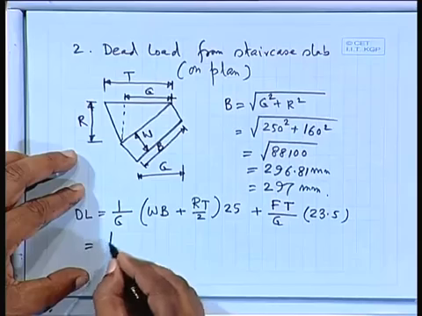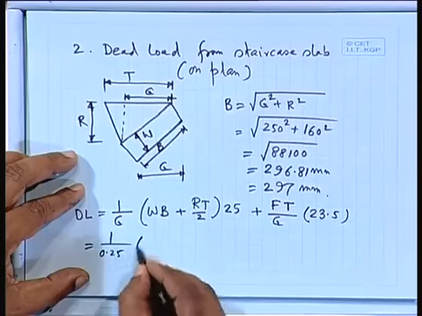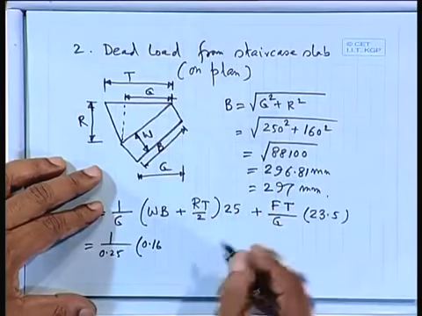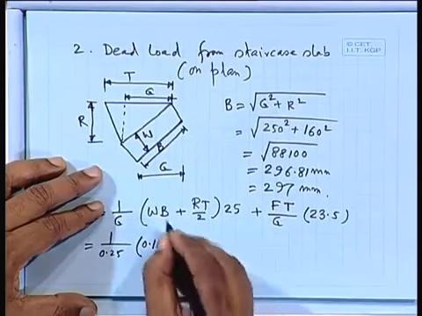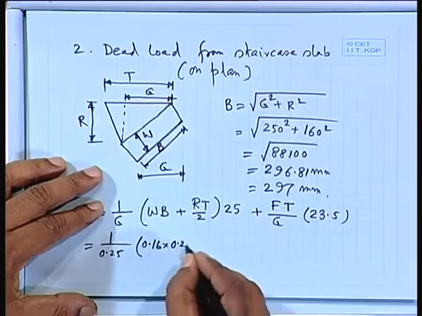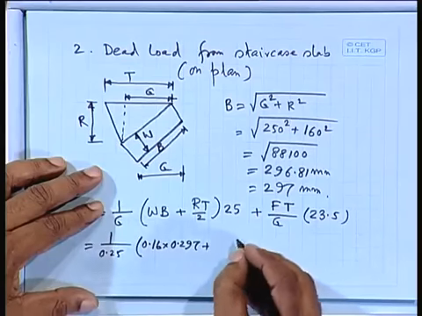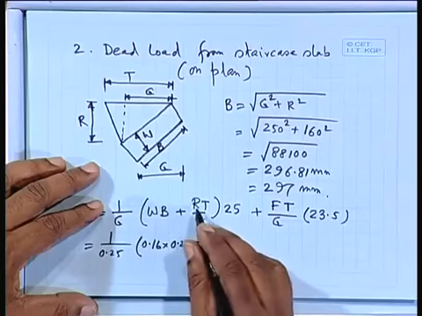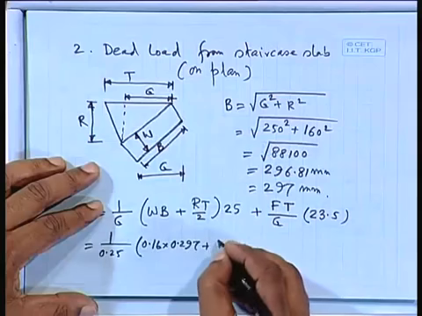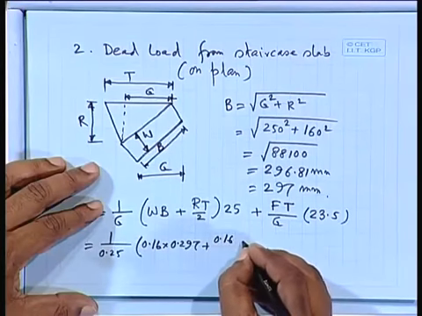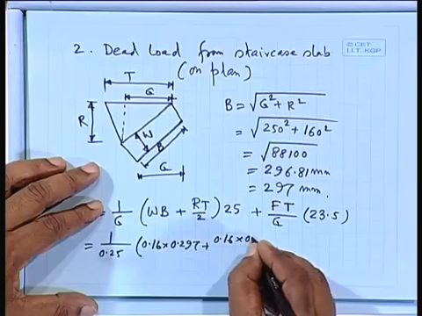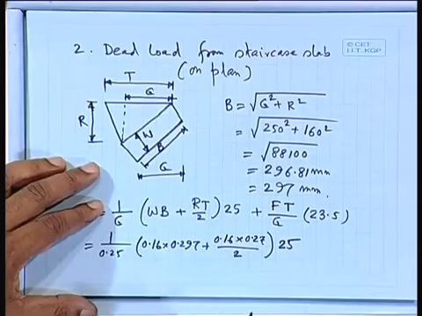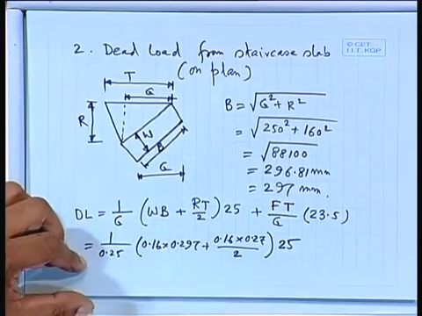So G is 0.25, W is 0.16, 160 millimeter, so 0.16 times B, 297, R, the rise, 160 millimeter, so 0.16 times T is 270 millimeter, 0.27 by 2 times 25. So we are putting all the values here.